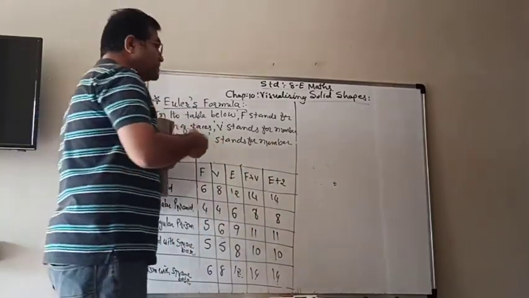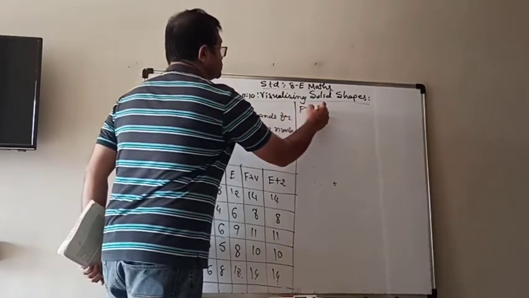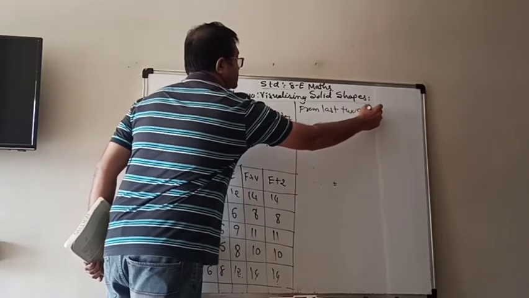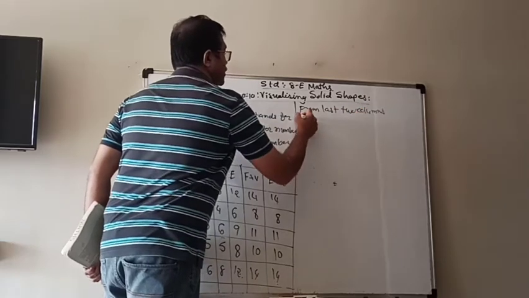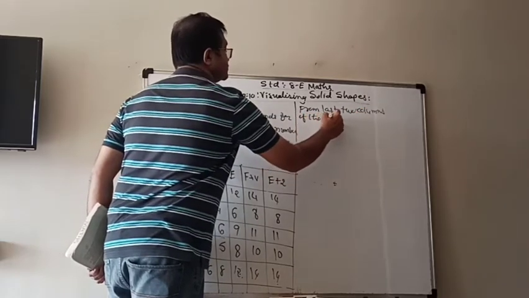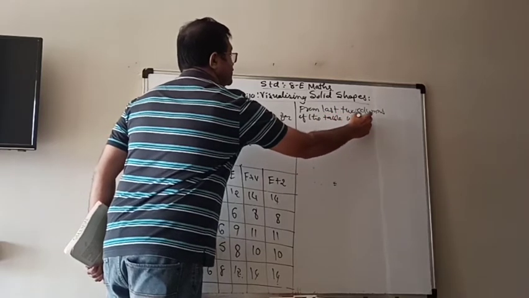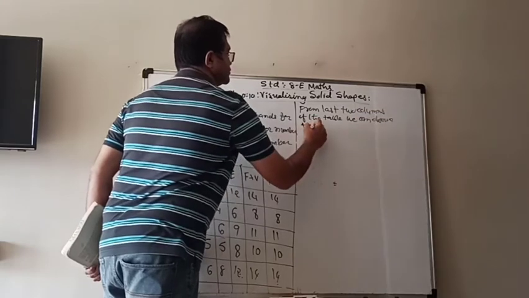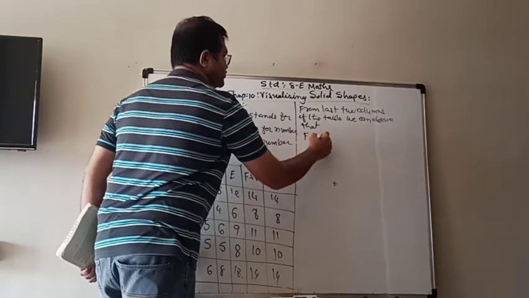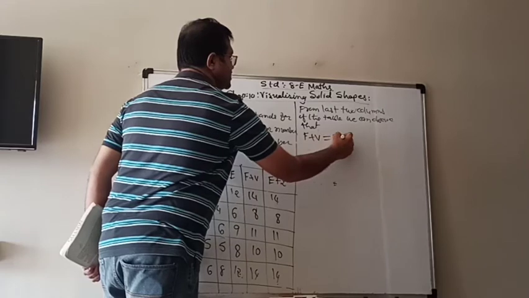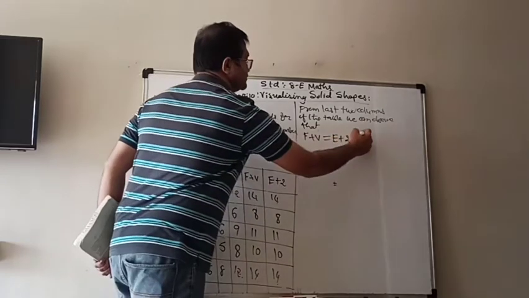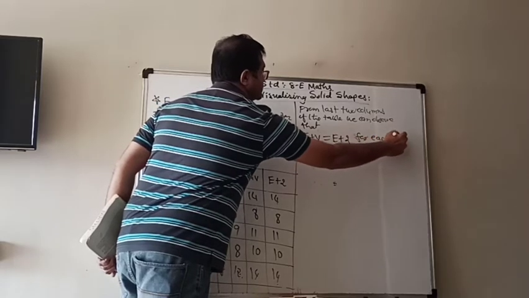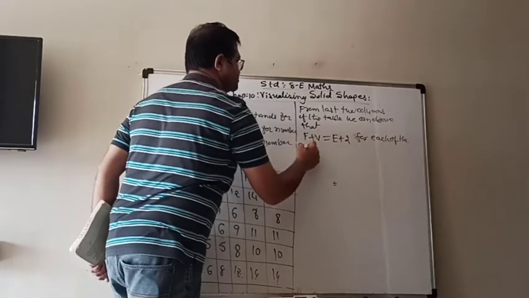So from the last 2 columns of the table, we can observe that F plus V is equal to E plus 2 for each of the solid shapes.